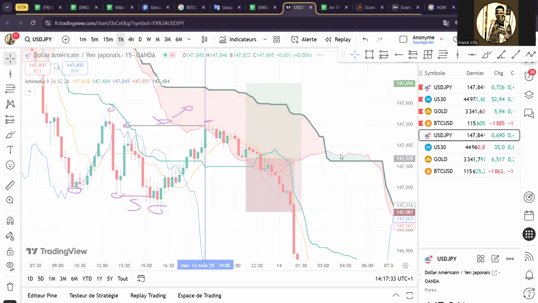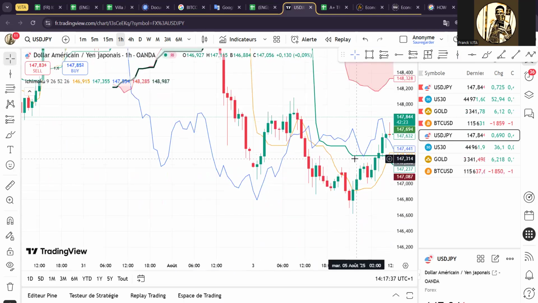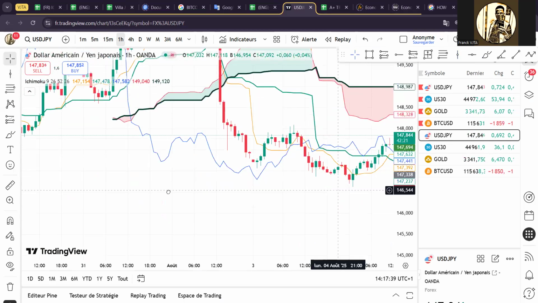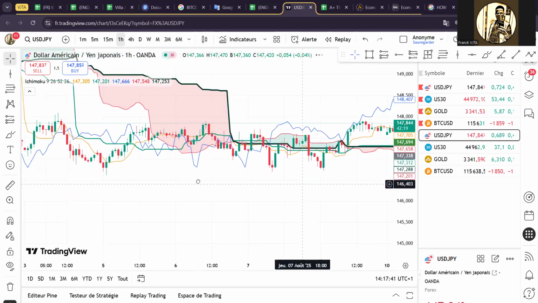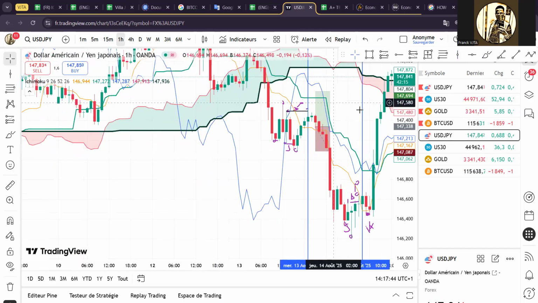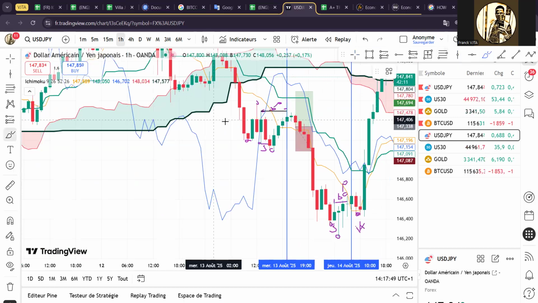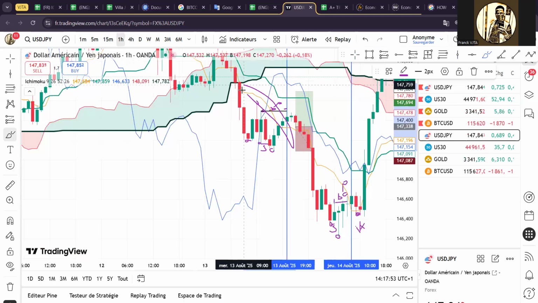In 1 hour, when you finish having one logical price logic, go back to the 1 hour and look at the reason why you need to continue to sell rather than buy. The reason why you need to continue to sell here is that Tenkan and Kijun, Tenkan is at this point still inclined to the downside.